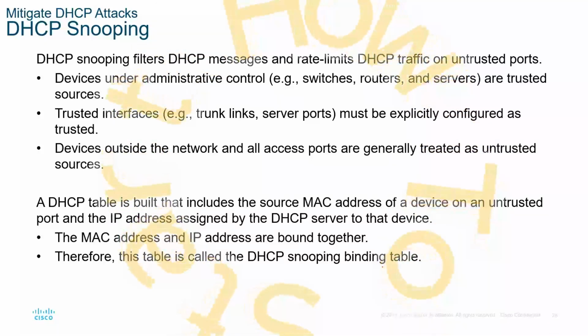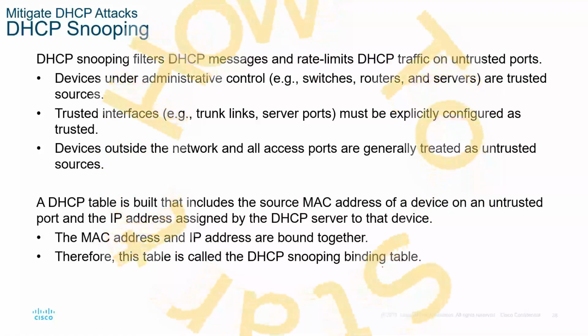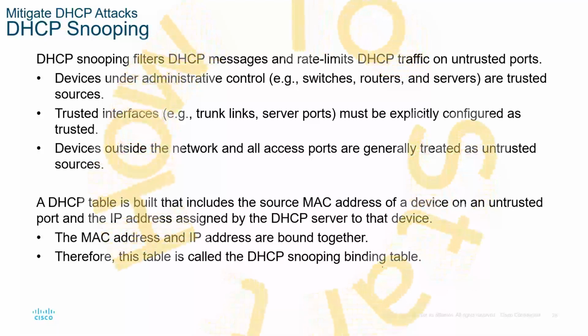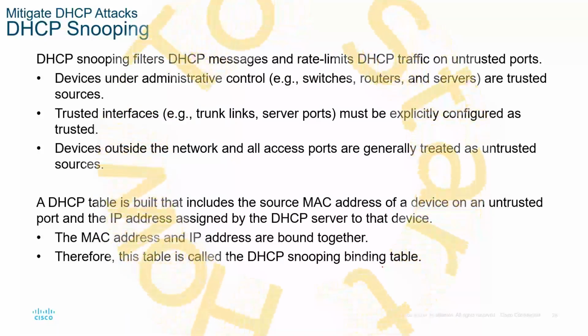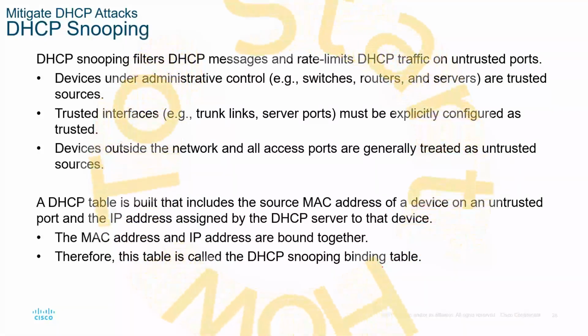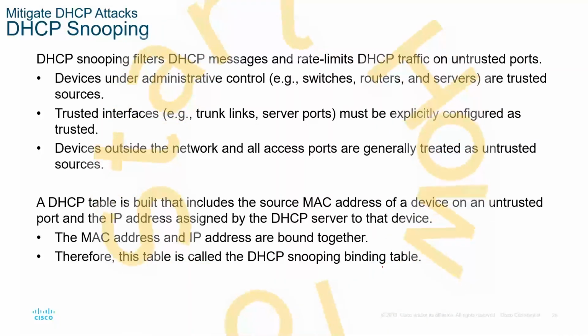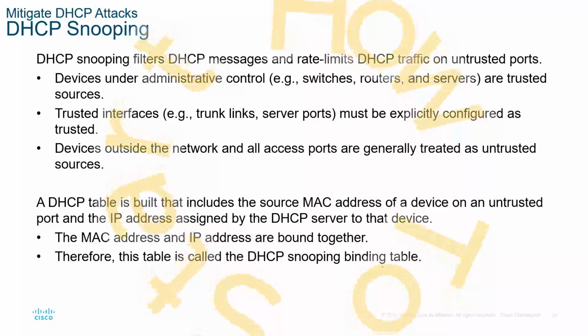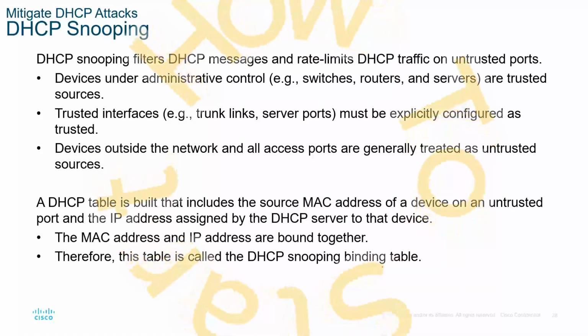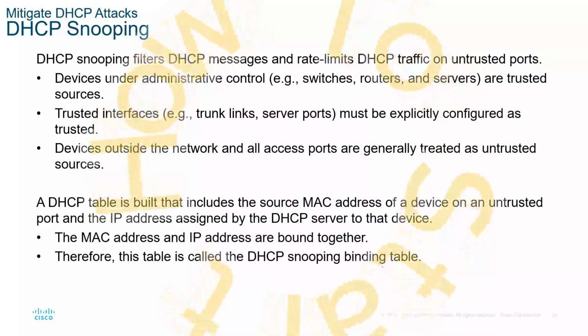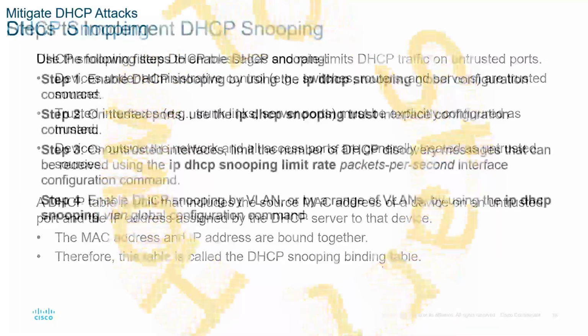So a DHCP table is built that will include source MAC addresses of devices on an untrusted port and the addresses assigned by the DHCP server. We already know that's how it functions. You have a MAC address and it maps to an IP address. Therefore, this table can be called the DHCP snooping binding table. MAC address that is known and the address that is assigned.